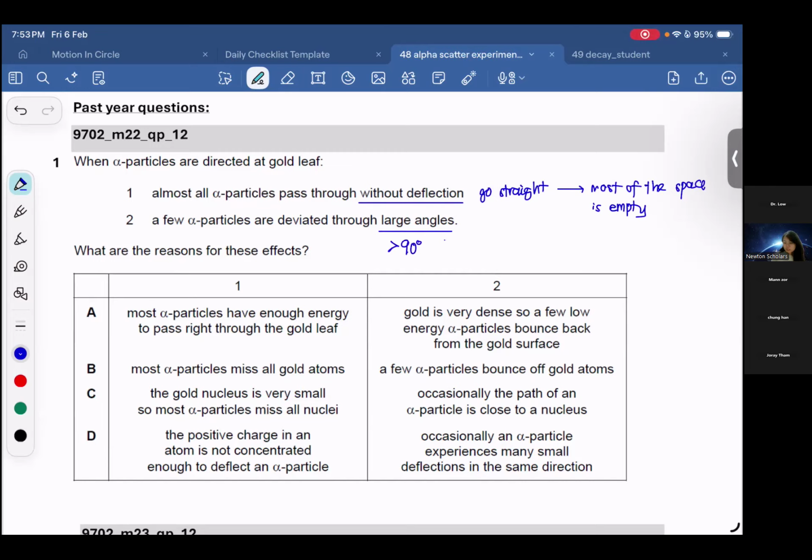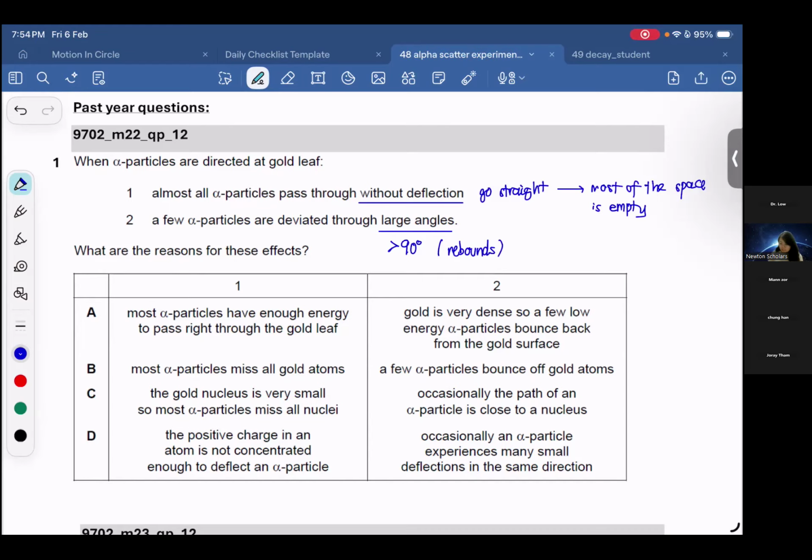So this one actually is hit and rebound. The case of rebounds. When it rebounds, that is the third observation: the nucleus actually is very small, and the particle hits the nucleus. Most of the mass is concentrated at the nucleus. So as I told you, the fat man standing there, you run towards and hit the fat man. So you are the one who falls down, not the man.